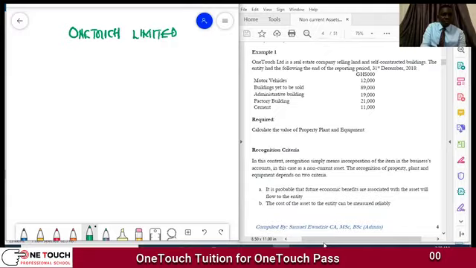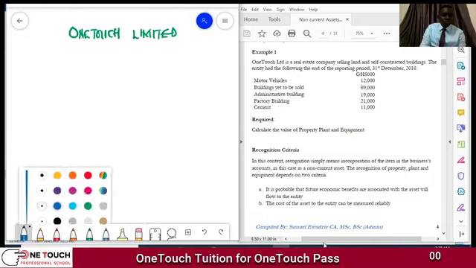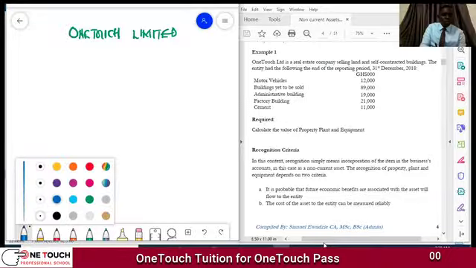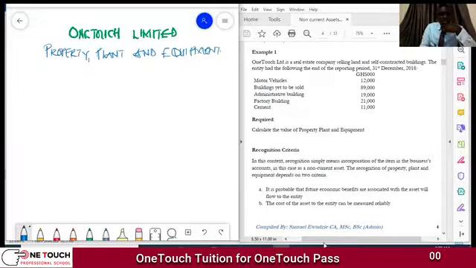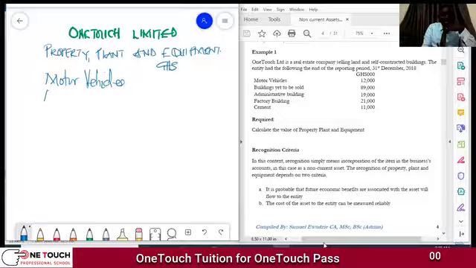We have property, plant, and equipment. So one will be our motor vehicles. Two will be the administrative building.